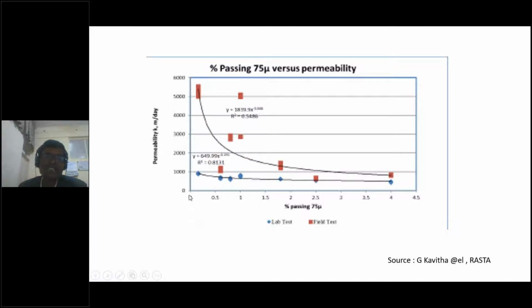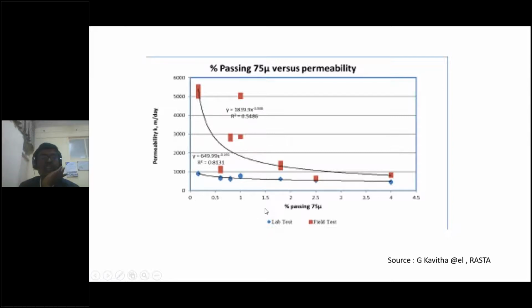So if you increase the percentage passing 75 micron, varied from 0.5 to 3%, here 4%, see how the permeability decreases. When there is no fines, the permeability is around 5500 meters per day, and when the finer content increases to 1%, from 5000 the permeability comes down to 2000.